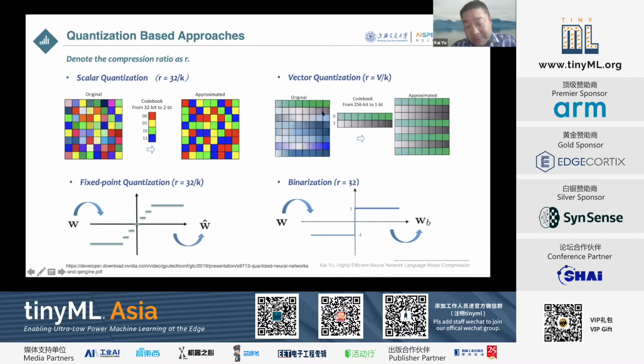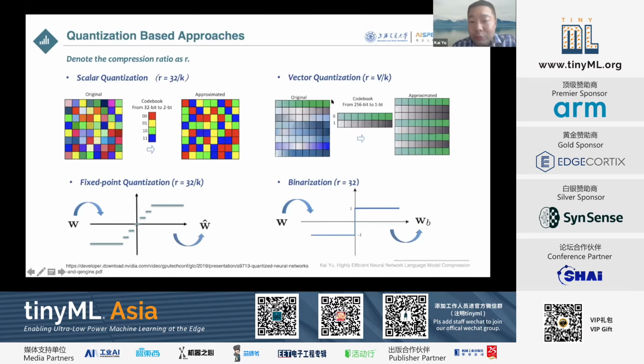For vector quantization, we need to construct a codebook for the whole space, and then we use an index for each row in this matrix. Here, we have a codebook of 2, and we can use 1 bit to represent the whole matrix. So the quantization compression ratio is quite big. When we do scalar quantization, we need to do fixed point quantization training.